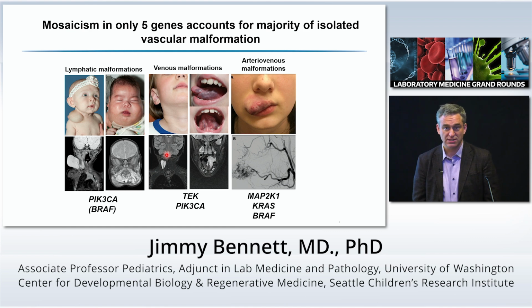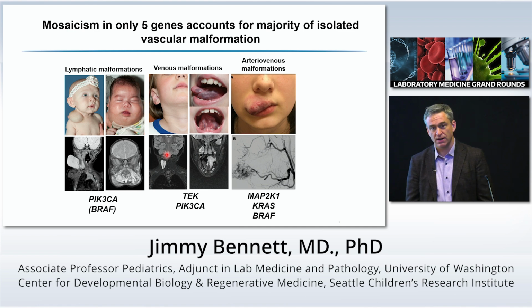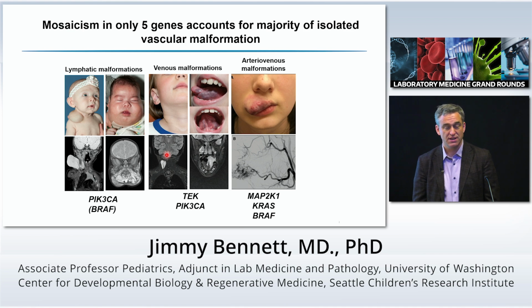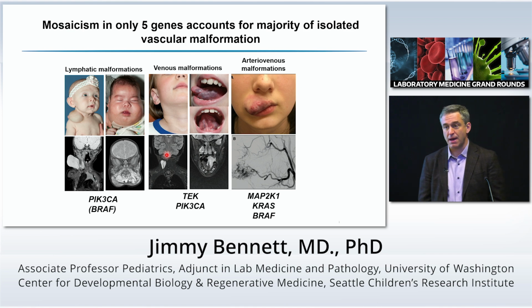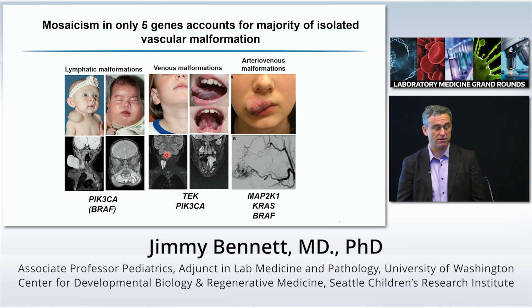So activating mutations in the phosphoinositide kinase PIK3CA, as well as less frequently V600E mutations in BRAF are causes of lymphatic malformations. Mutations in the receptor tyrosine kinase TEK, as well as PIK3CA, can cause venous malformations. And then activating mutations in BRAF, KRAS, or the MAP kinase, MAP2K1, can cause arteriovenous malformations.